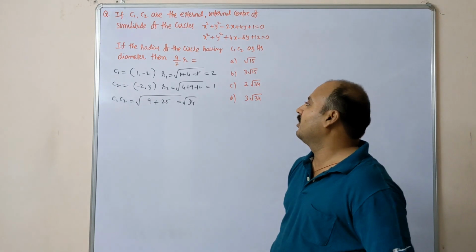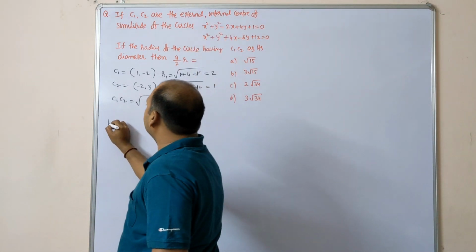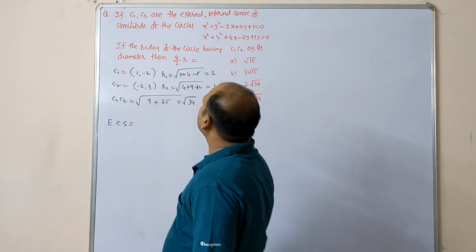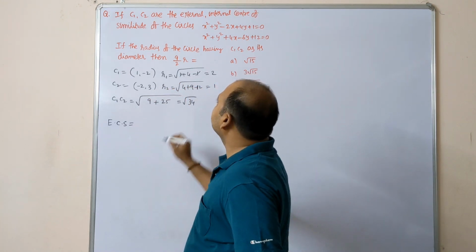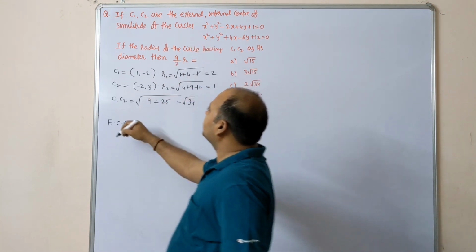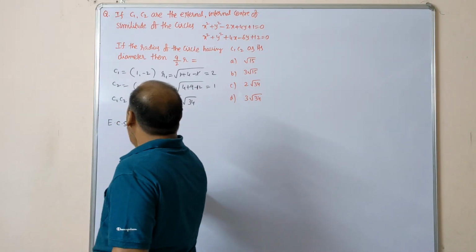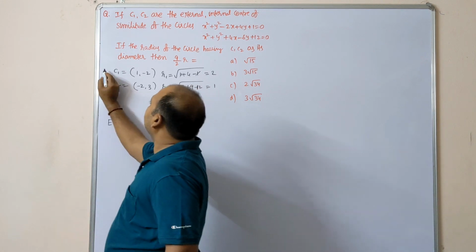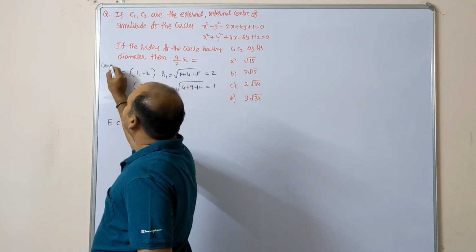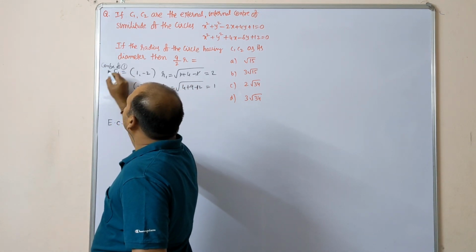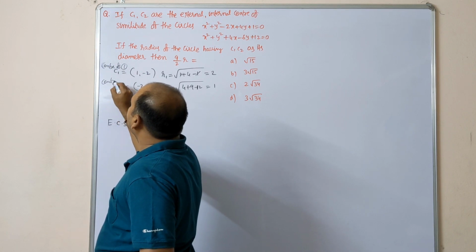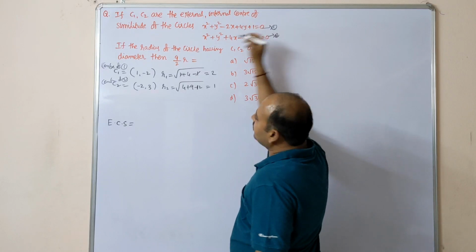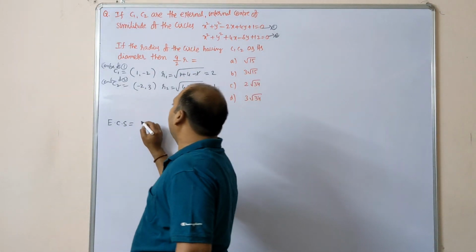Next, first the external center of similitude, ECS. Not this distance, dear students; this distance is not required, sorry. We need the centers of circle 1 and circle 2. ECS means what?